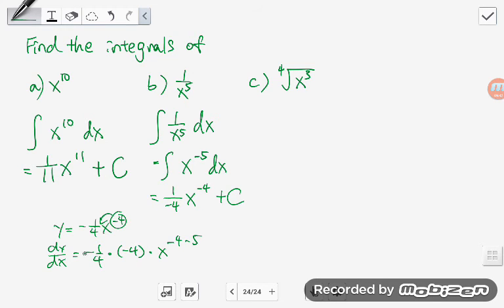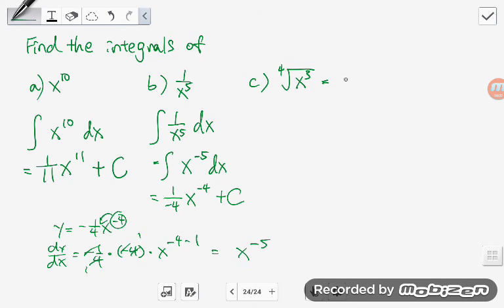So the negative and the negative cancel out, the 4 and the 4 cancel out. I will get x to the power of minus 5, which is what we have over here. So my integral here is good. That's correct. Okay?